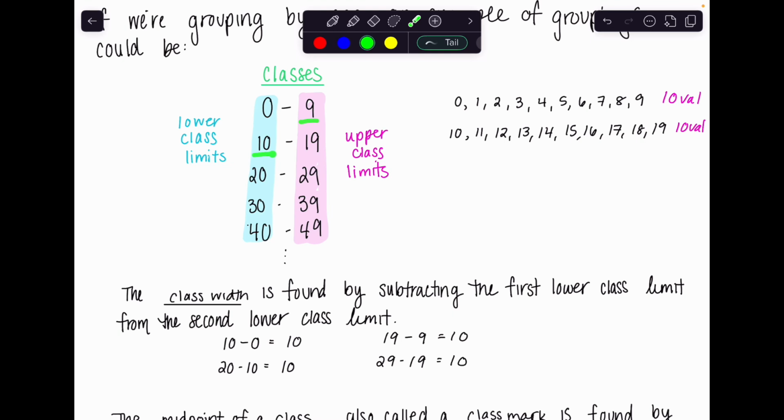So my class boundary is really the midpoint of these. So it would be 9.5. Basically, that's going to be the cutoff. If you're below 9.5, well, then you're in the first category. If you're above 9.5, your age gets rounded and puts you into that next category. So just in case you have kind of funky data like that. Okay.